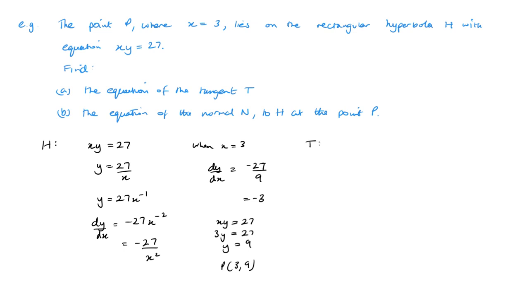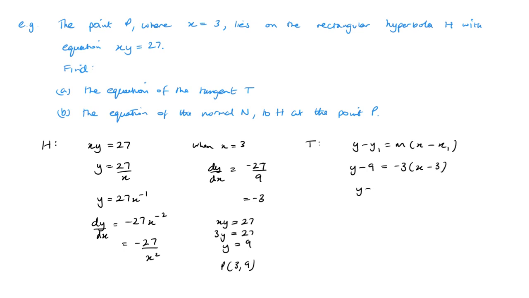So the tangent T is y minus y1 equals m times x minus x1. So that's y minus 9 equals negative 3 times x minus 3.